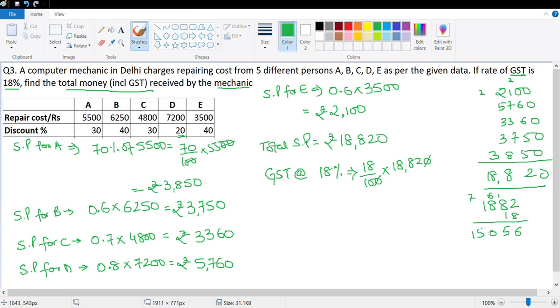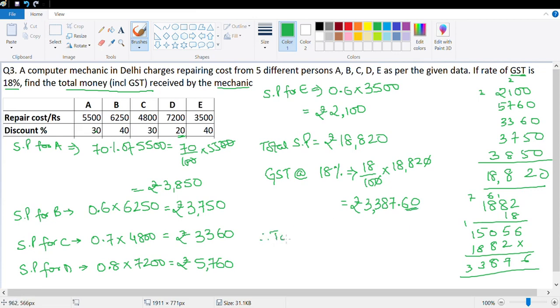That's 15056 and 1882. That's 6, 7, 8. 8 plus 5, 3. That's 33876. But I need to divide by 10. So this would be equal to rupees 3,387.60. Since it's money, we talk with 2 decimal places.